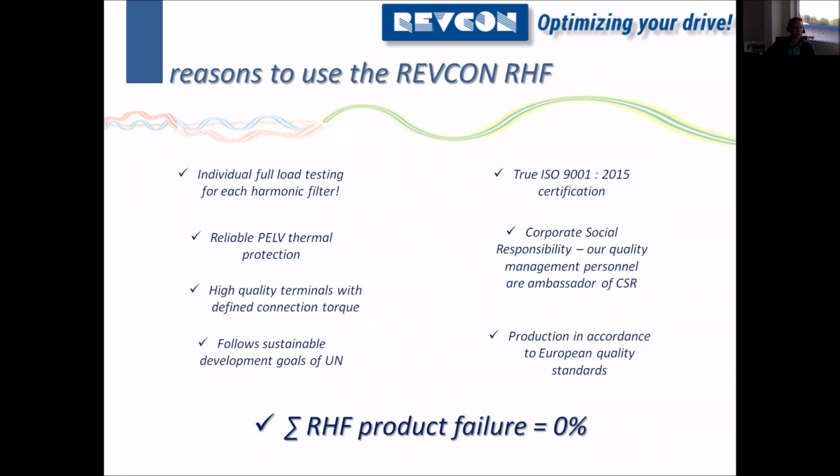So that can give you some kind of problems on site. And with a defined connection torque and high quality terminals, you will not face these kinds of issues. So in the worst case, if you don't know how much torque and someone is too strong for this application, you might have a damaged terminal, but you don't damage the filter itself. So those are the 2 points that I think are essential.